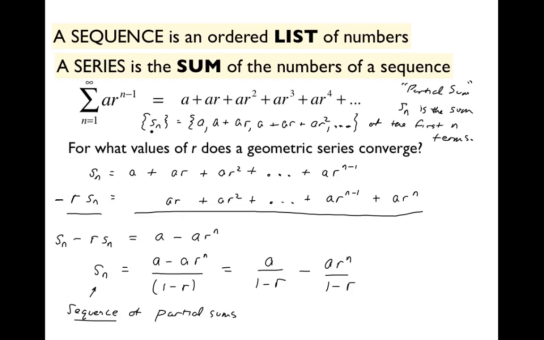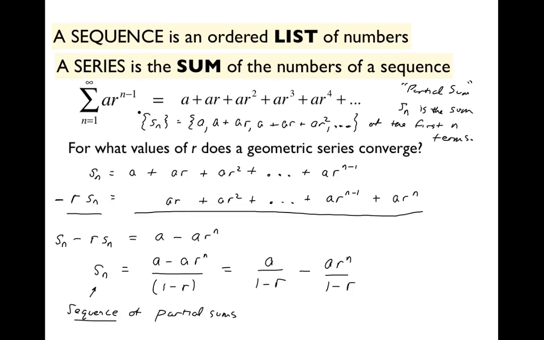So the sequence of partial sums means each one adds one more term of the series than the term before. So a, then S2 would be a plus ar, then S3 would be a plus ar plus ar squared, etc.